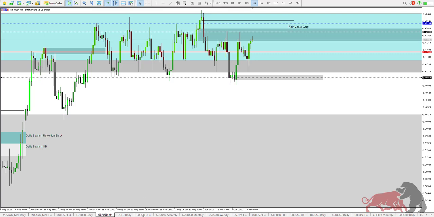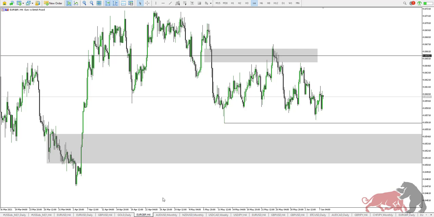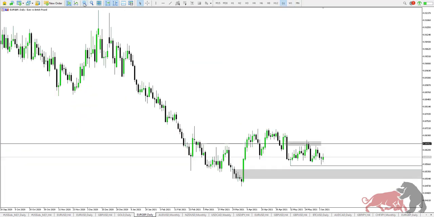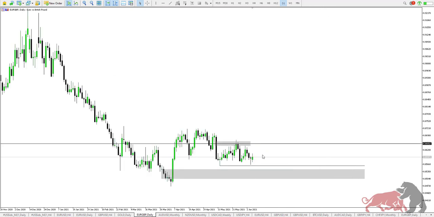Now I wanted to also share with you euro pound, right? This pair, I'm expecting price to trade lower. You see, we had market on Friday showing us willingness to trade to the downside.